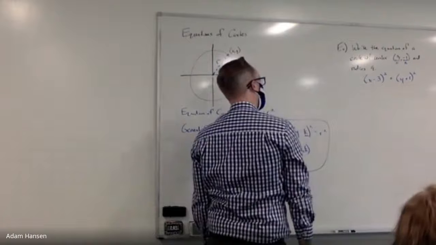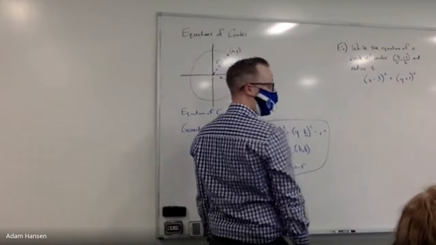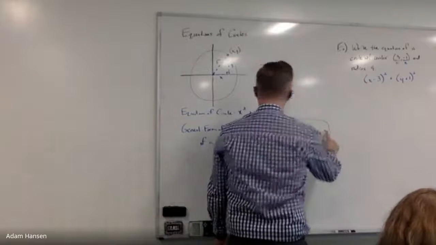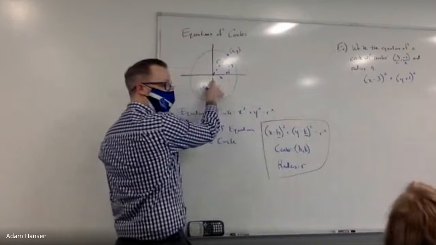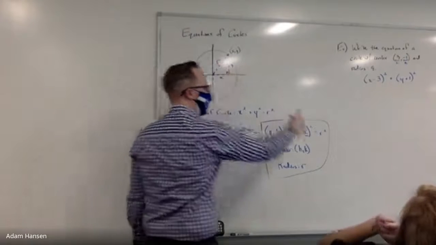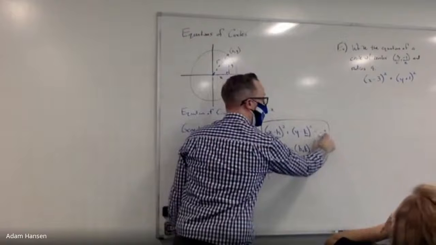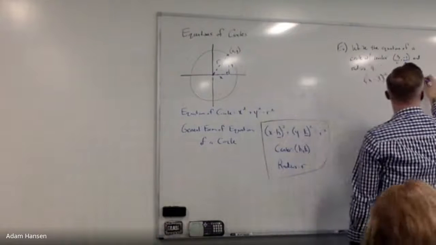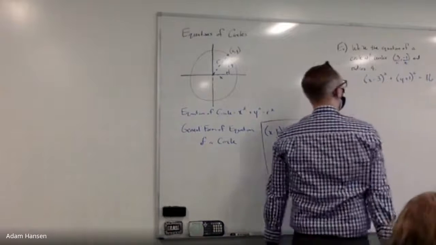What's our radius? Circle has a radius of 4, so it's going to be equal to 4 squared. We're using Pythagorean's, right? a squared plus b squared equals c squared, x squared plus y squared equals r squared. So I have to take the radius of 4 and square it. So this should be equal to 4 squared, or simply 16.